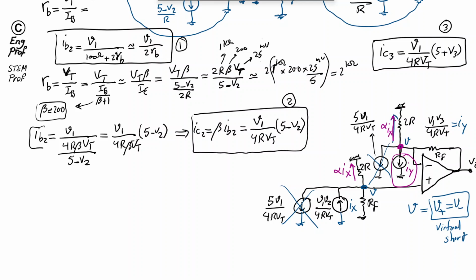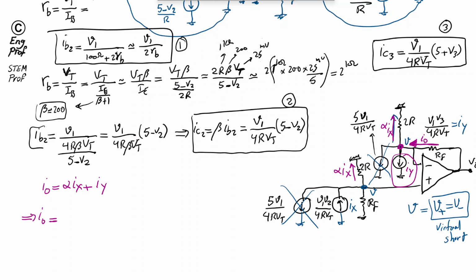Given KCL, and given the fact that nothing can go through the negative terminal of the op-amp, the current here should be the sum of alpha IX and IY. So I'm going to write that exactly. Let's name it I out. I out is equal to alpha times IX plus IY. Let's substitute.